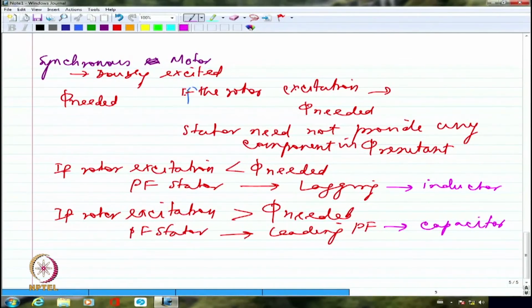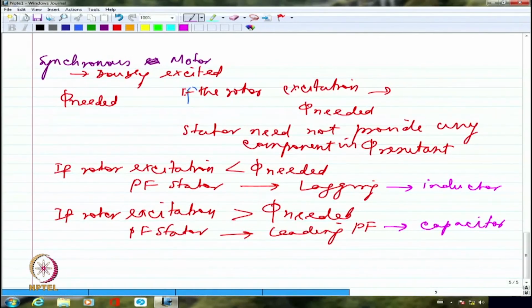If I provide just a sufficient amount of flux, I'm going to have unity power factor. So the synchronous machine has this greatest flexibility, which is not there in any other AC machine, which allows me to adjust the power factor by adjusting the excitation.